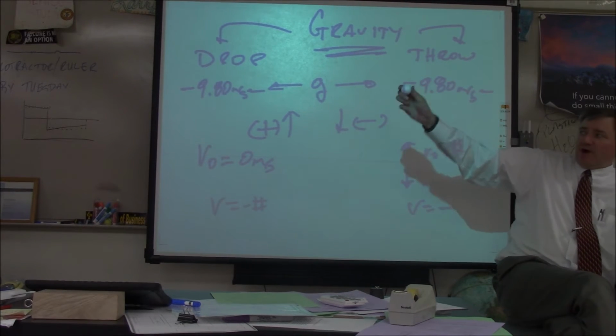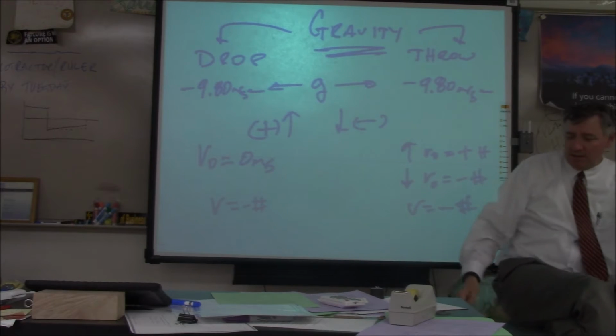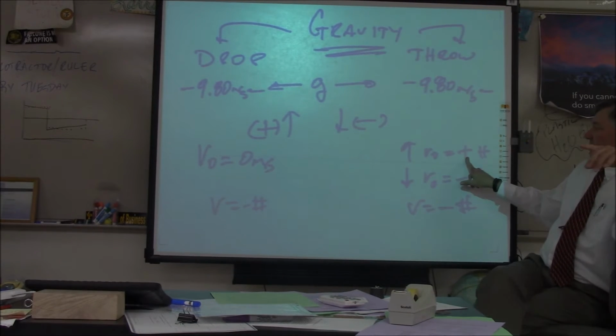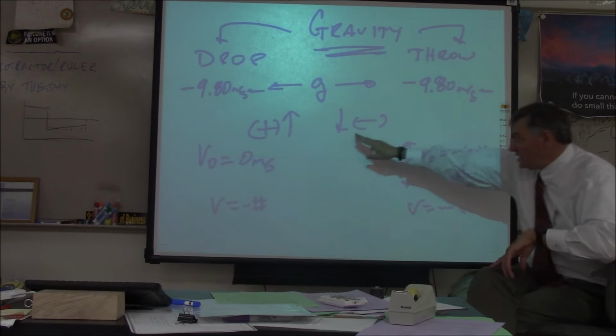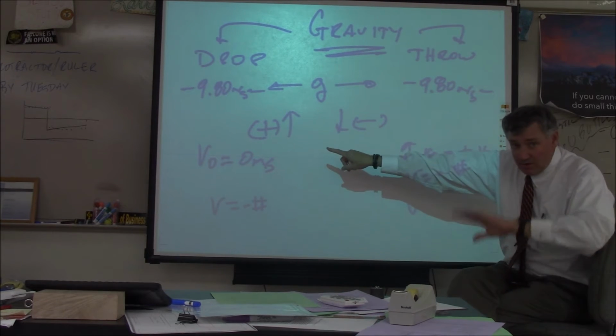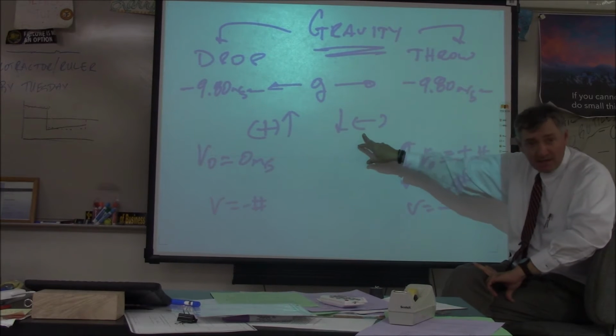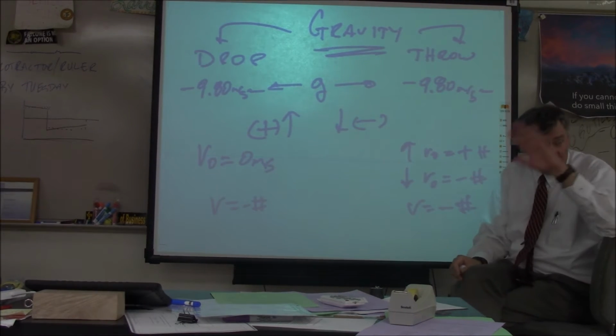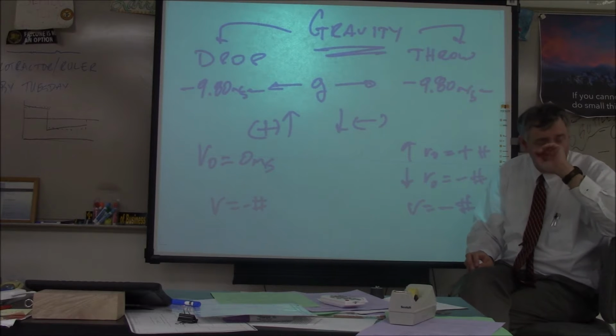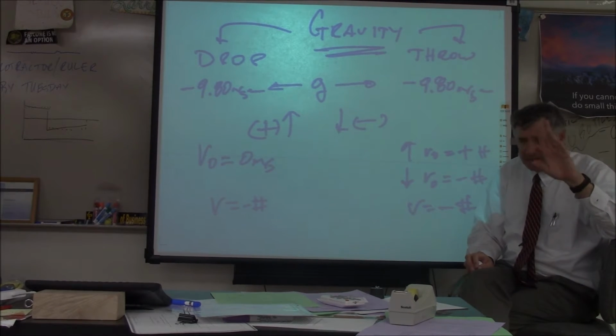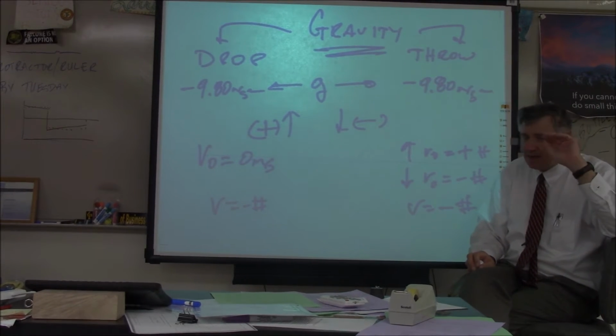Okay? So if I throw the ball up, then I'm going to have a positive velocity. Because on all of these systems, anything going up is positive, anything going down is negative. There are no exceptions. Any velocity, acceleration, displacement, whatever: if it's pointing up, it's positive. If it's pointing down, it's negative.